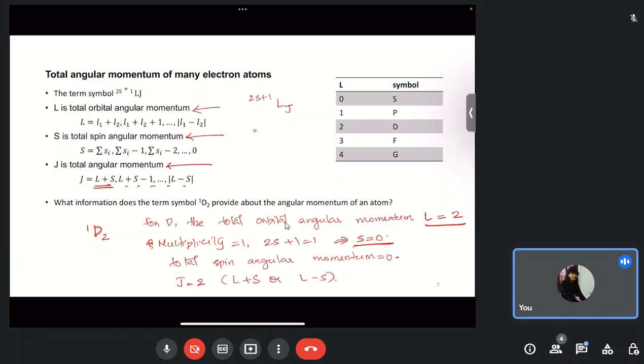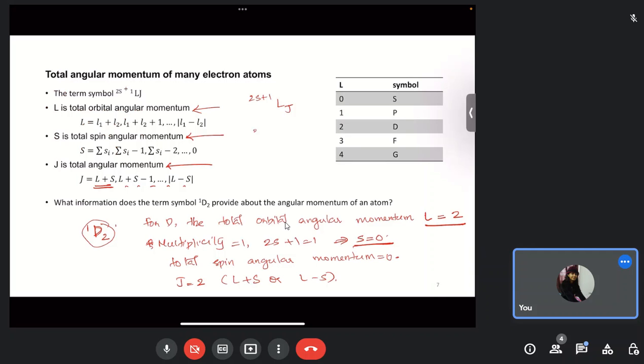We can also have an idea of what sort of electronic configuration 1D2 corresponds to. The total spin angular momentum is 0, which says that you have an even number of electrons.